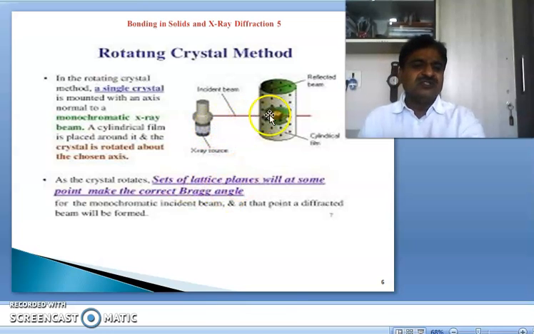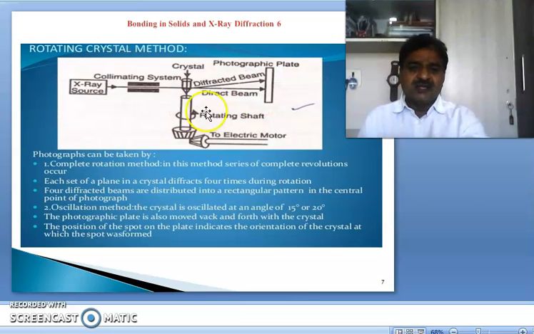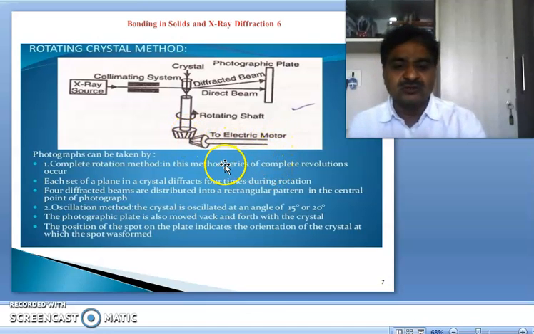Here the X-ray source is there, and the crystal is placed in the cylindrical camera. X-rays are shown here. They are passing through a collimator system to make the X-ray monochromatic. Diffracted rays. This is the photographic plate. Here the shaft is rotated. The crystal is mounted on the shaft, and there is an arrangement of rotating it by using a motor.